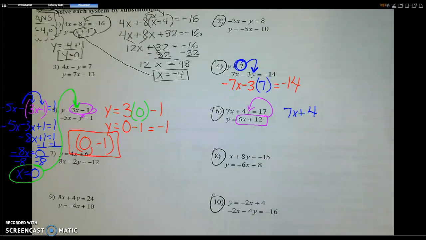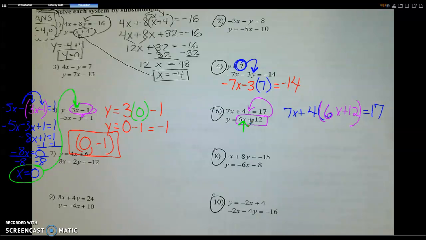Instead of writing y, I need to be putting in what y equals, 6x plus 12, equals 17. Okay, so you're going to solve that equation. You will figure out what x equals. After you solve it and figure out what x equals, you will substitute that x in this equation, and then you will have your points.